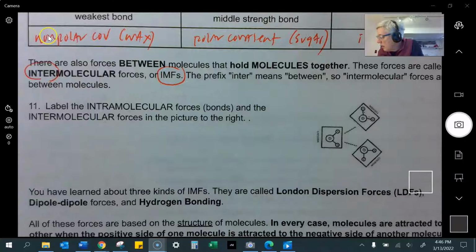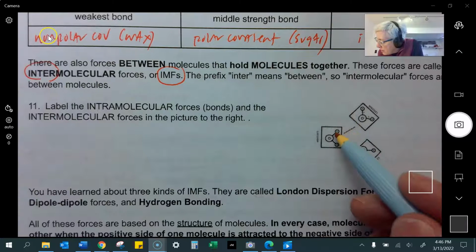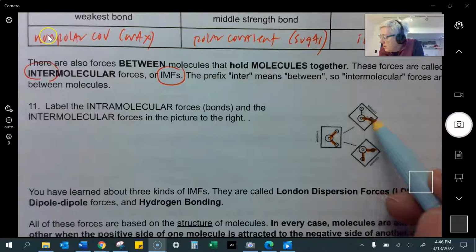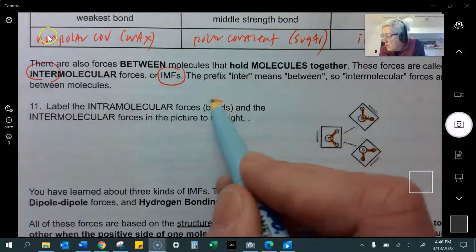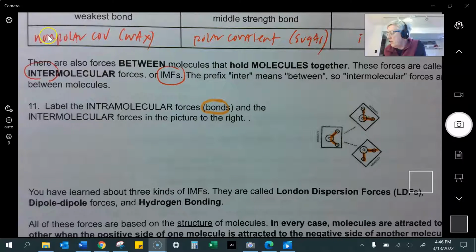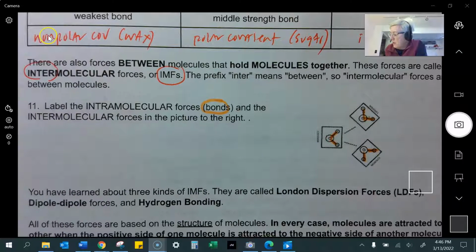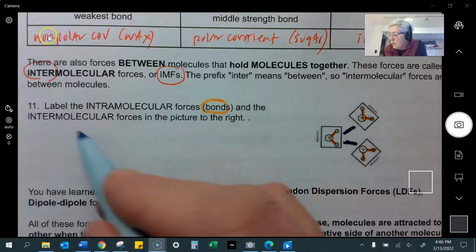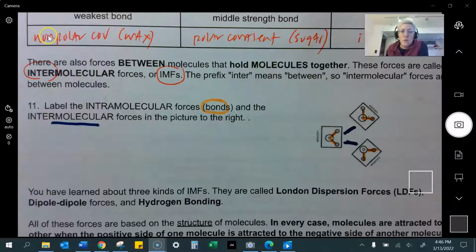So I'm going to try to highlight the bonds here with my yellow. That's a bond, that's a bond, that's a bond, that's a bond, that's a bond, that's a bond. So I'll circle that with yellow. And the intermolecular forces are between the molecules. I'll do that in blue. Okay, so those are the blue ones. So inter is between molecules.